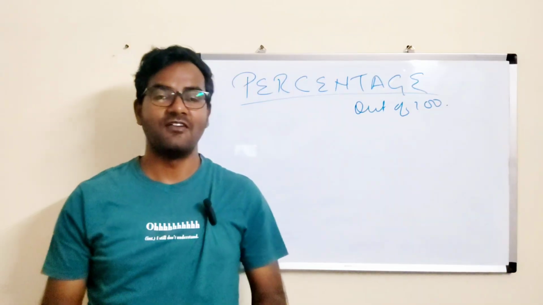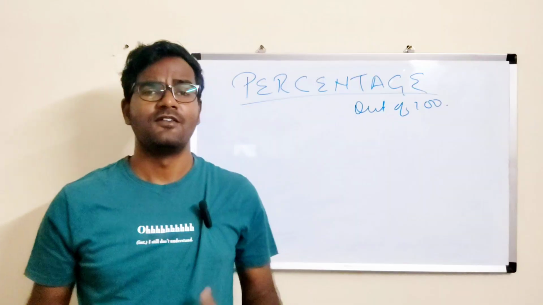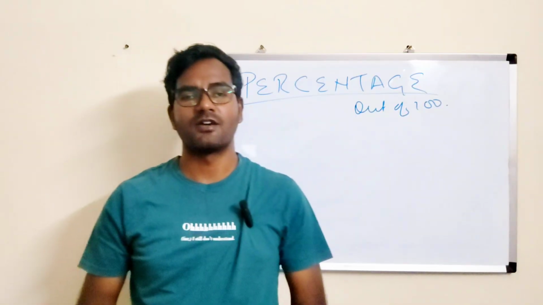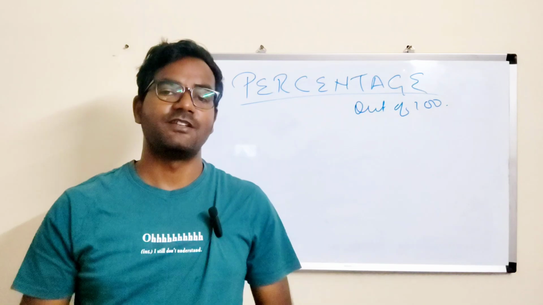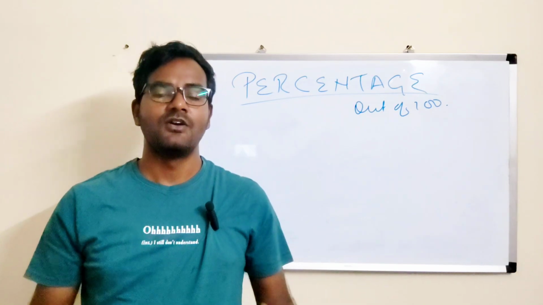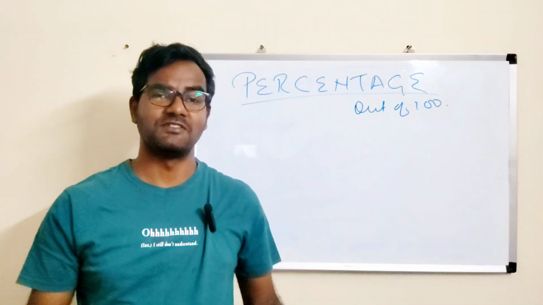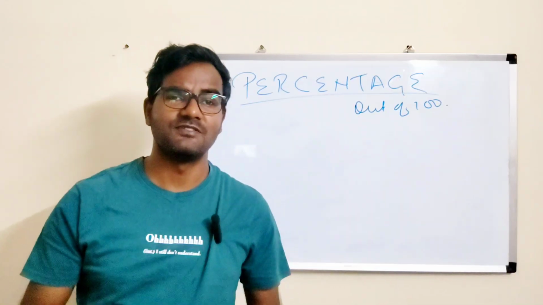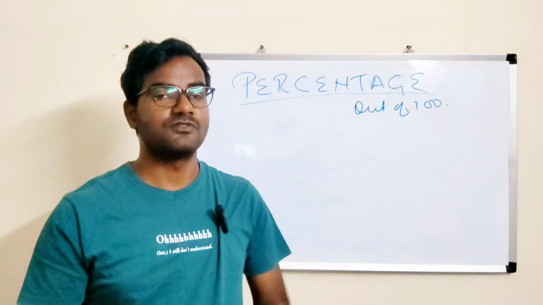All right. So now let us continue with percentage. So what is percentage? See, whenever you go to the market, you look for how much discount you will get, right? If you want to buy a t-shirt, if you want to buy jeans, you want to see how much percentage of discount you are going to get, right? 50%, 40%, 20%, 15%. So accordingly you buy the stuff for yourself.